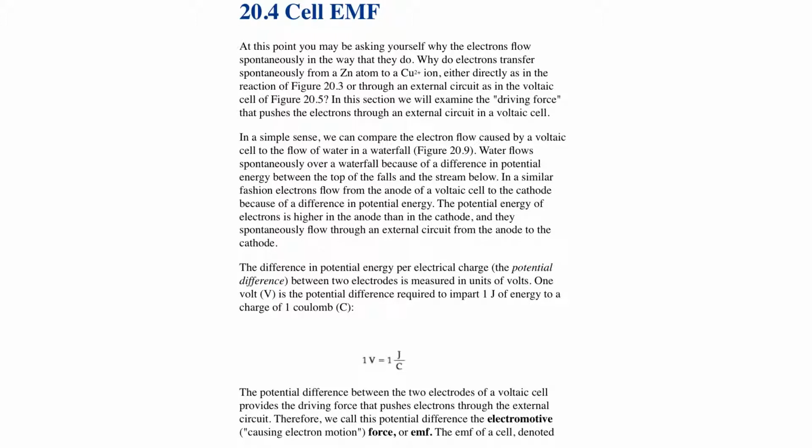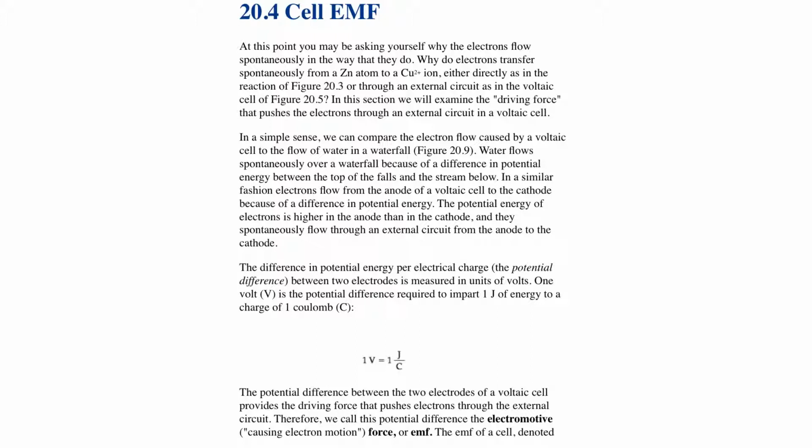The difference in potential energy per electrical charge, the potential difference between two electrodes, is measured in units of volts. 1 volt is the potential difference required to impart 1 joule of energy to a charge of 1 coulomb. The potential difference between the two electrodes of the voltaic cell produces the driving force that pushes electrons through the external circuit.